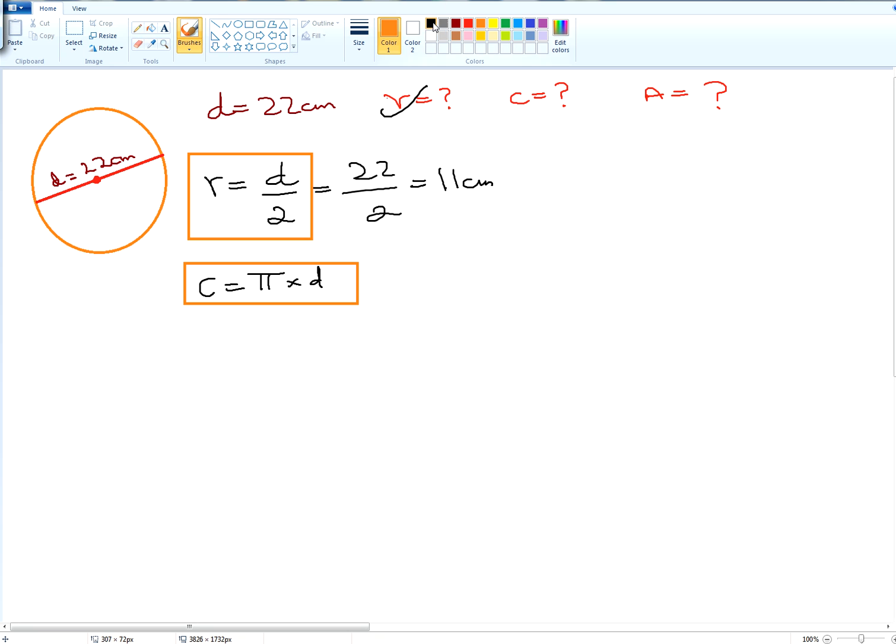So we're saying here that the circumference is equal to pi, which is 3.14 to the decimal places, times the diameter, which is 22.